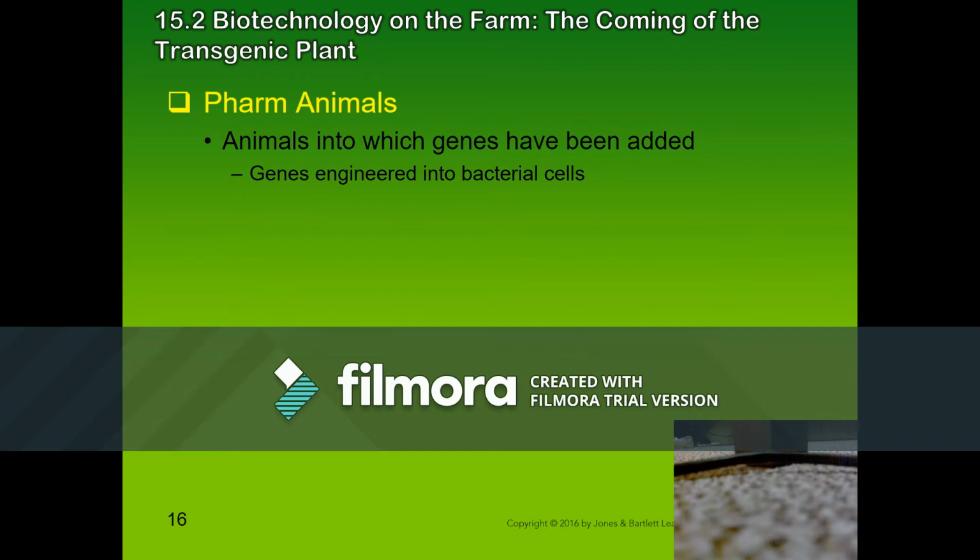So in general, if we want to make a farm animal, a PHARM animal, we need to introduce new genes into the bacteria that are being used. So the bacteria are producing the gene product.